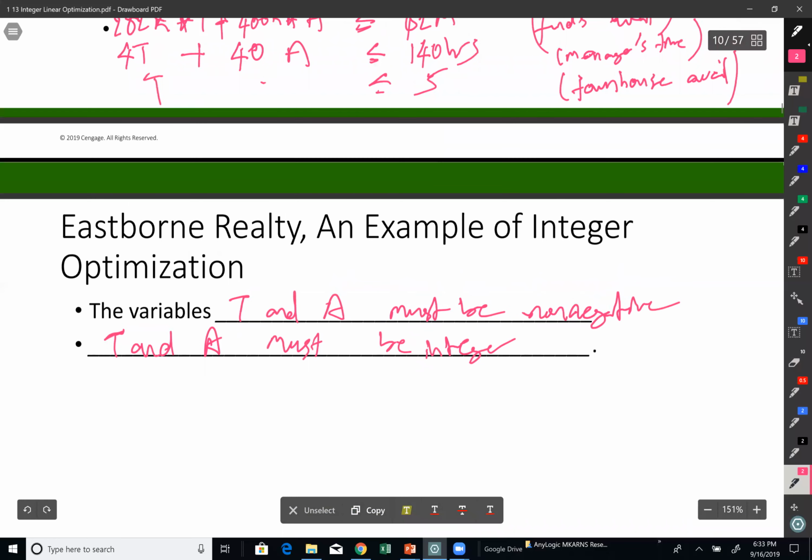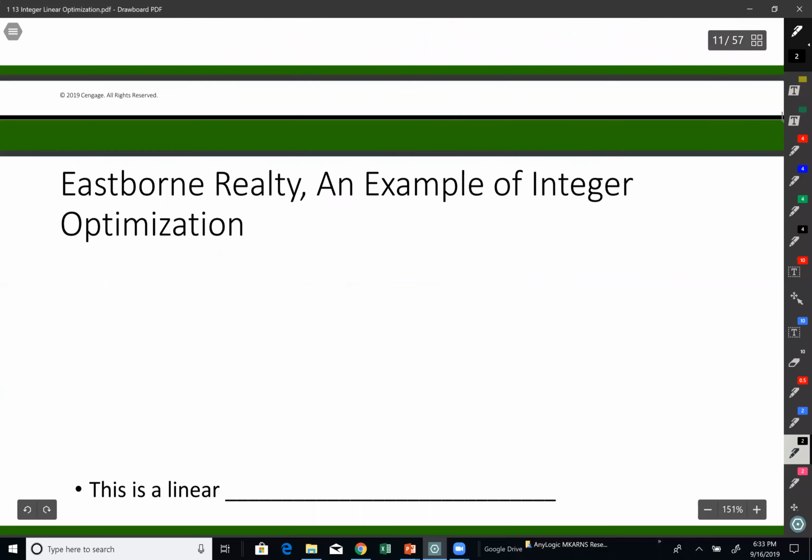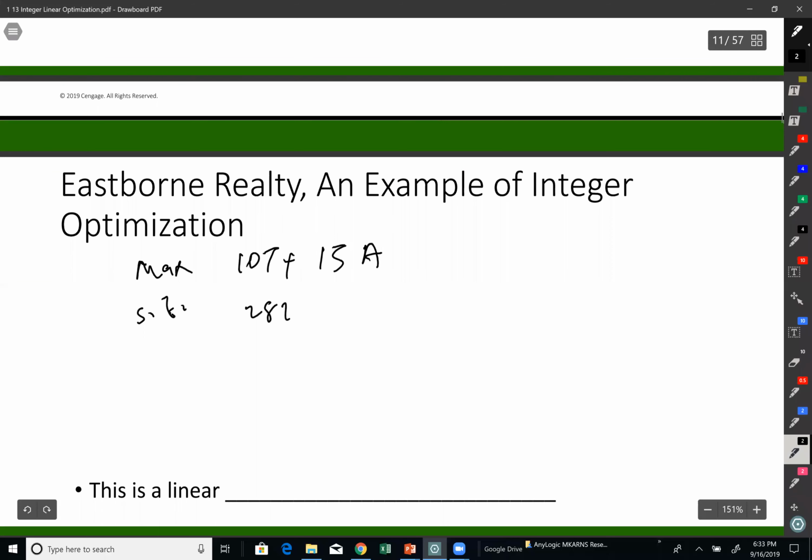So this is our model. We talked about the objective and constraints. If I write them all together here in the next slide, we are trying to again maximize our objective, which is 10T, $10,000, 15A, subject to $282,000 for every single townhouse, plus 400 for apartment complex, less than or equal to 2,000.